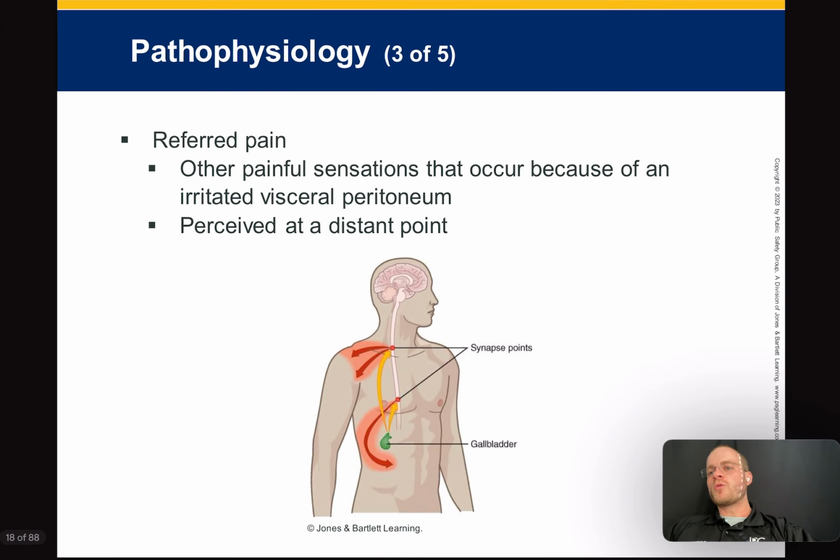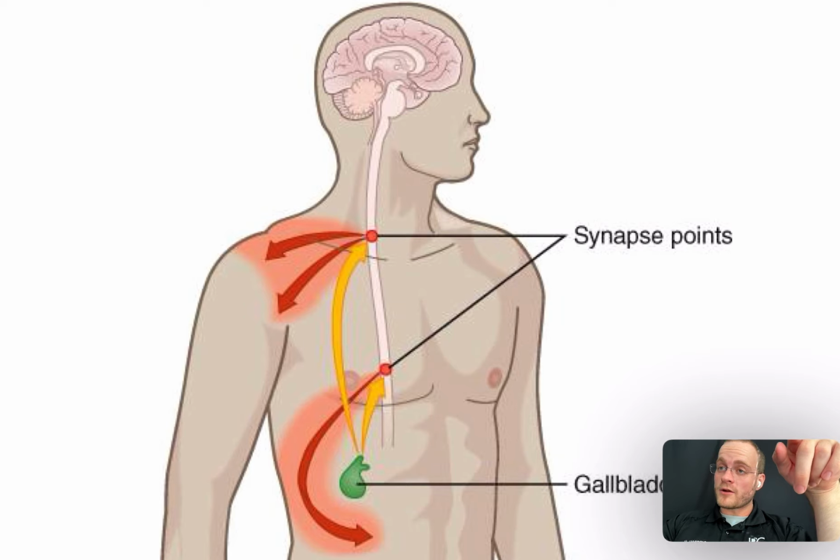Okay, and so you can end up with something called referred pain. We've talked about this, right? For example, remember me talking about the gallbladder? When they get pain here, they'll feel it in their shoulder. The gallbladder sits under the liver in the right upper quadrant, mostly up underneath the rib cage.